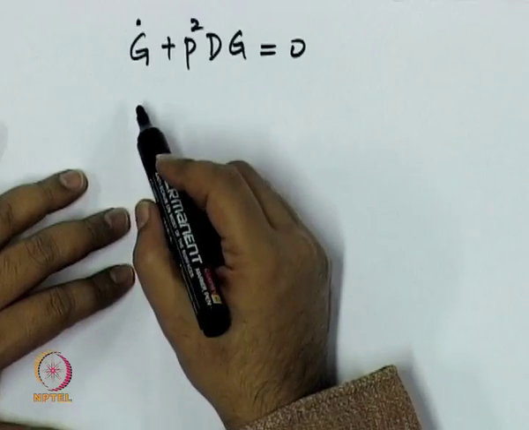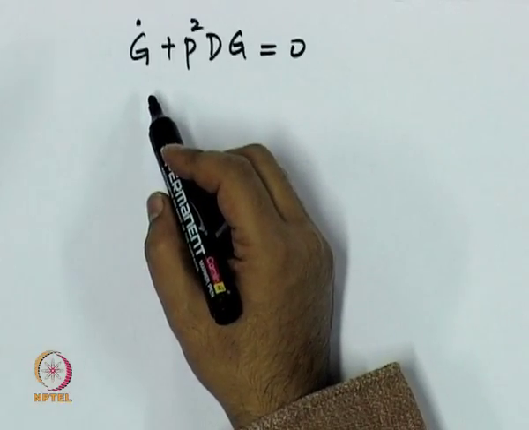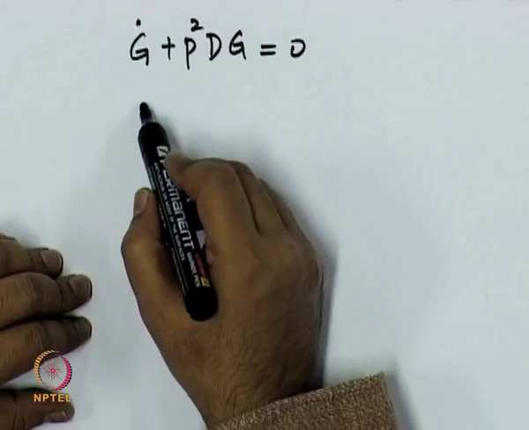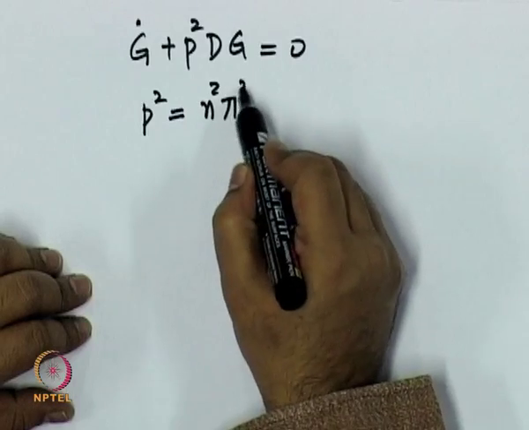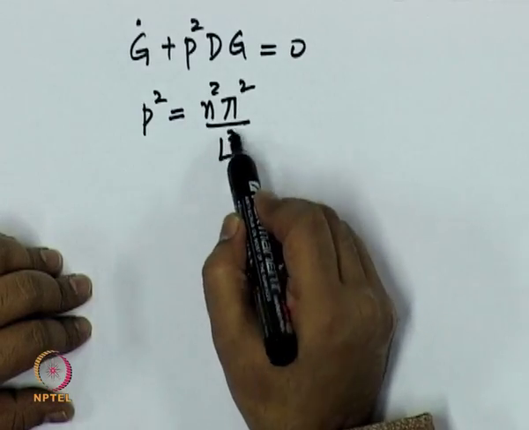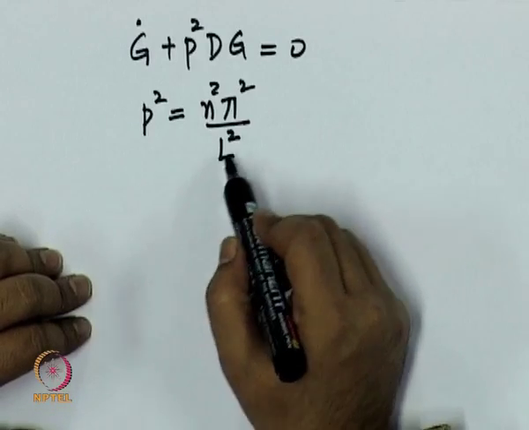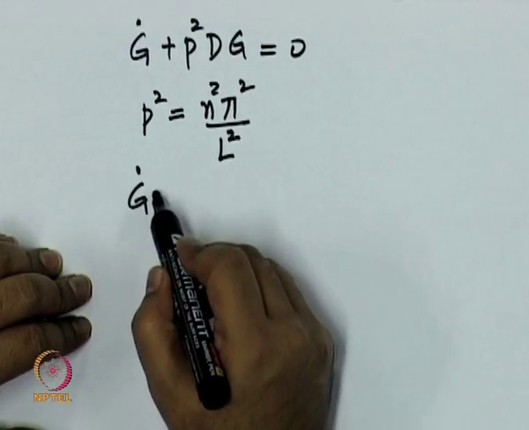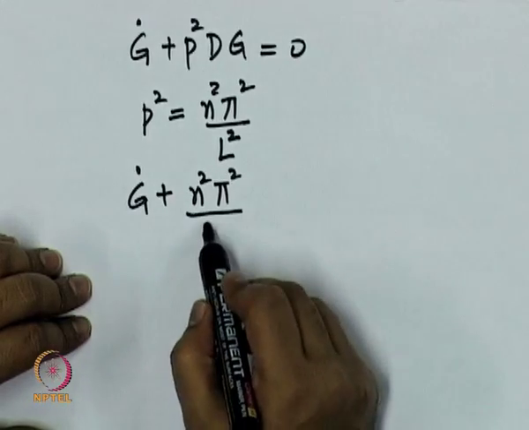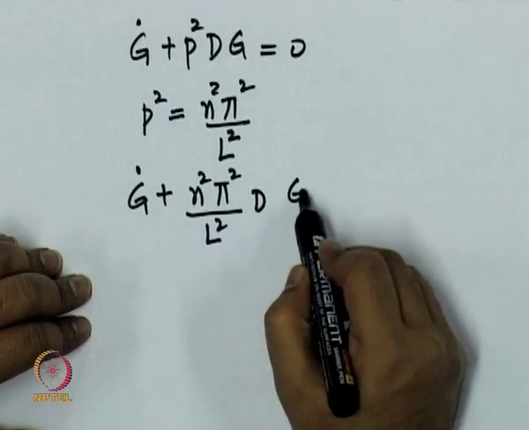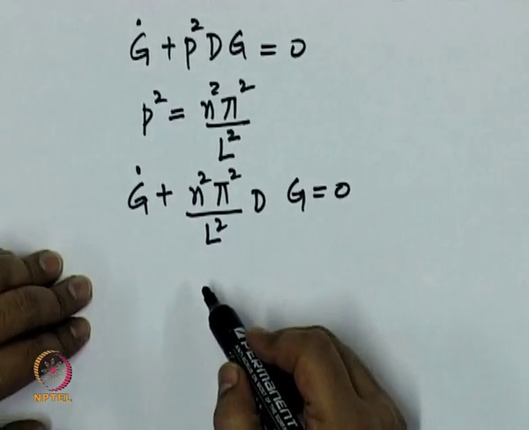But from our solution for the first ODE, we know that P squared is nothing but n squared pi squared by L squared. So, I am going to put it here: G dot plus n squared pi squared by L squared D times G equal to 0.